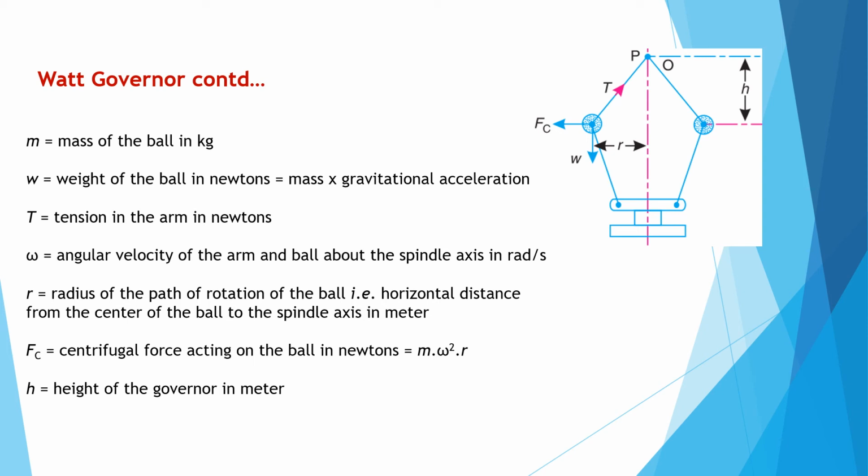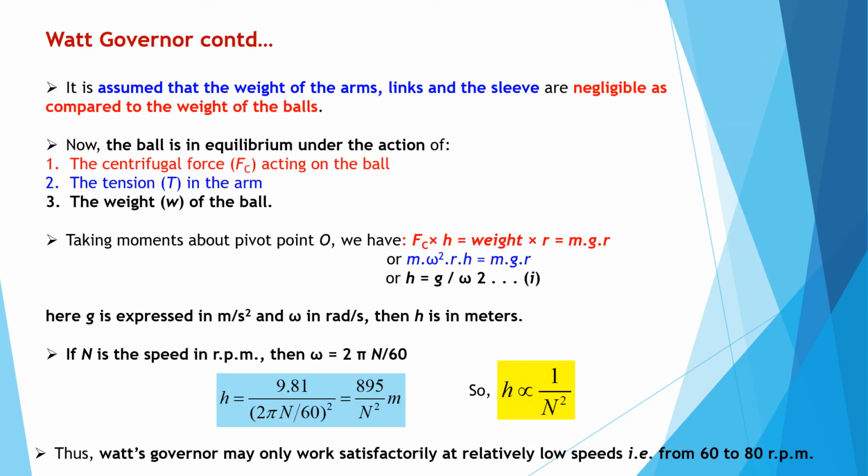And tension in the arm T. So by taking the moment about the pivot point O, centrifugal force into height of the governor is equal to weight of the ball into the radius. So m omega square r is equal to m g r. Height of governor H is equal to g upon omega square.